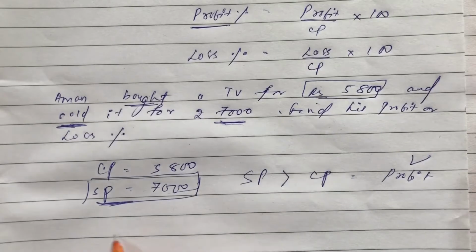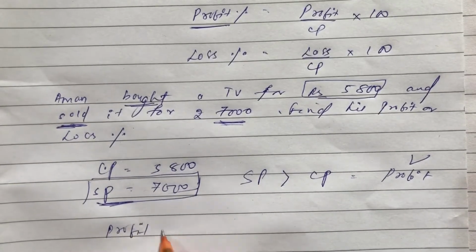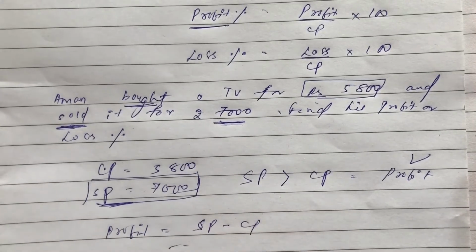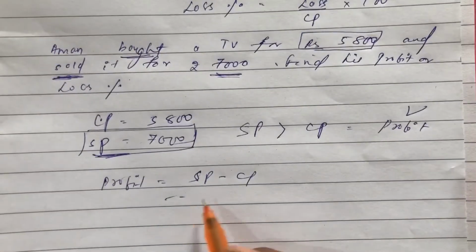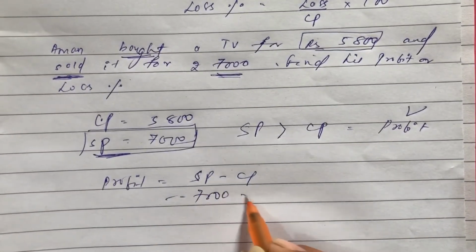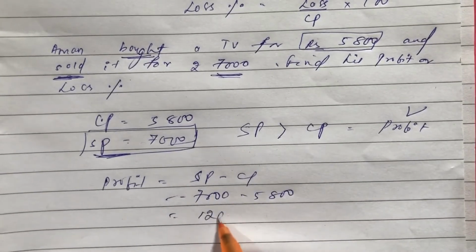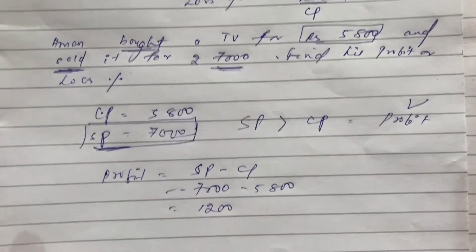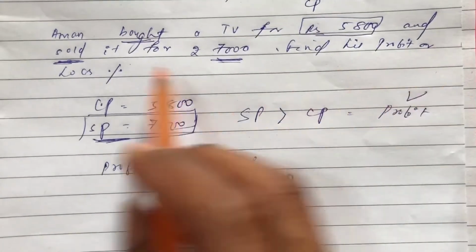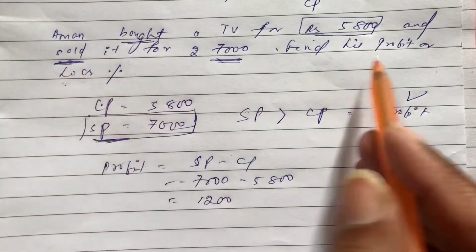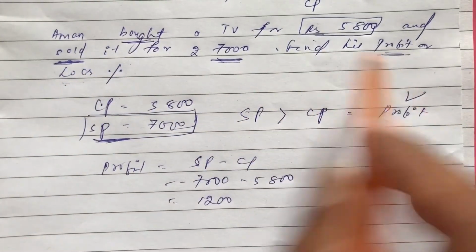Now apply the formula. Profit is equal to SP minus CP, bigger minus smaller, that is 7,000 minus 5,800, which is 1,200. That is the profit. We have to find the profit or loss percent. There is no need to find the loss percent, because in this statement it is a profit.